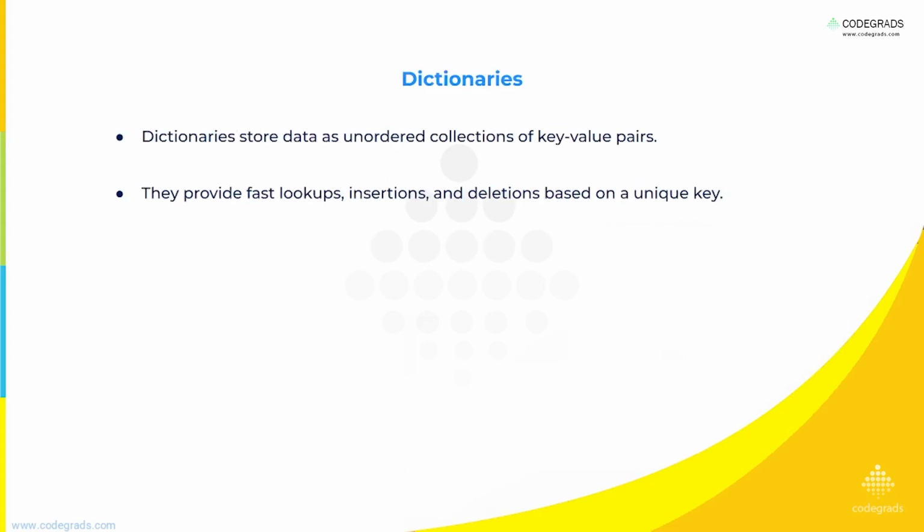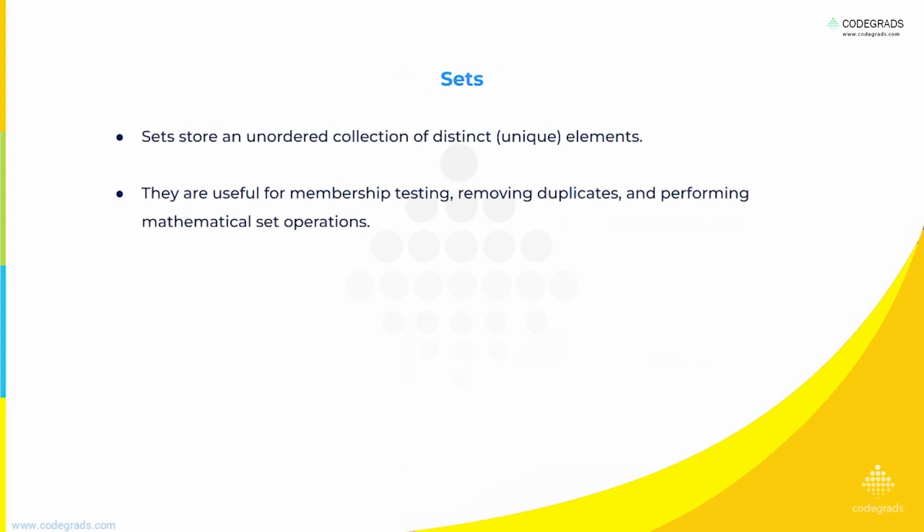Then we have dictionaries, which are not ordered and are changeable, so we can add, update, delete. Keys are unique, as key and value pairs, and we have lookup by keys. Next is the set, where it is not ordered and it is changeable. It has unique, distinct elements, and it removes duplicates. So wherever we have to remove duplicate values, we can use a set.